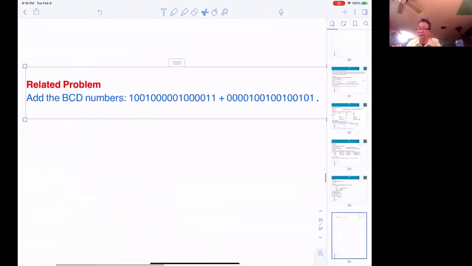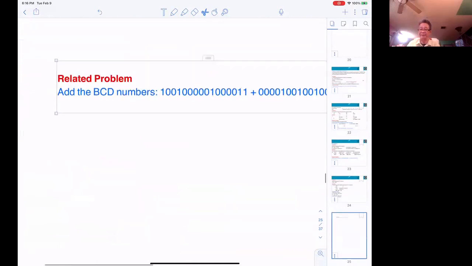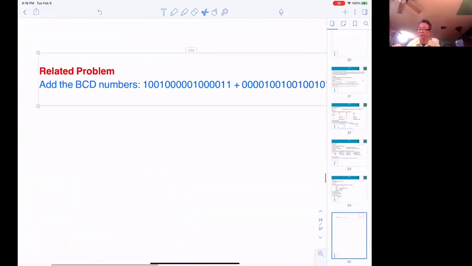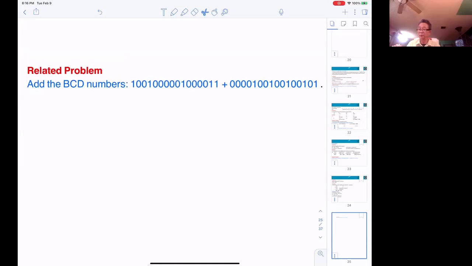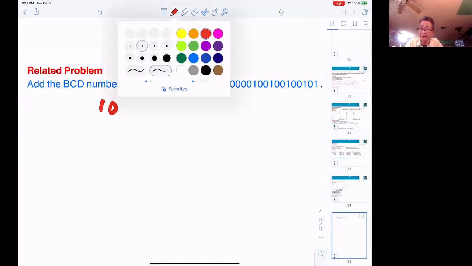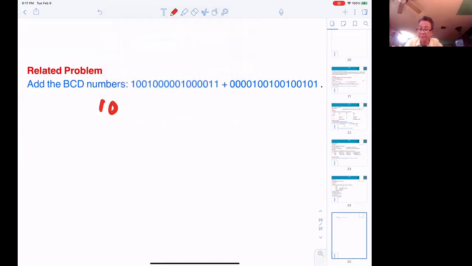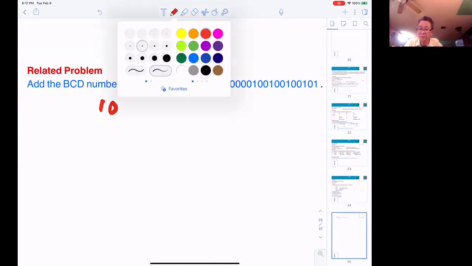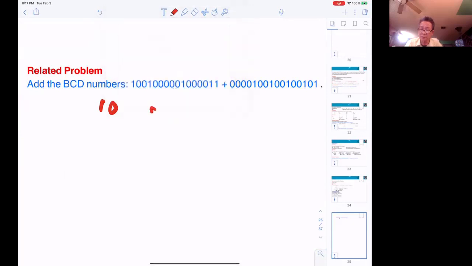Okay, so now they want to add these two numbers. Okay, you get a 1. How come it's too big? Oh, the thing is we make it big.